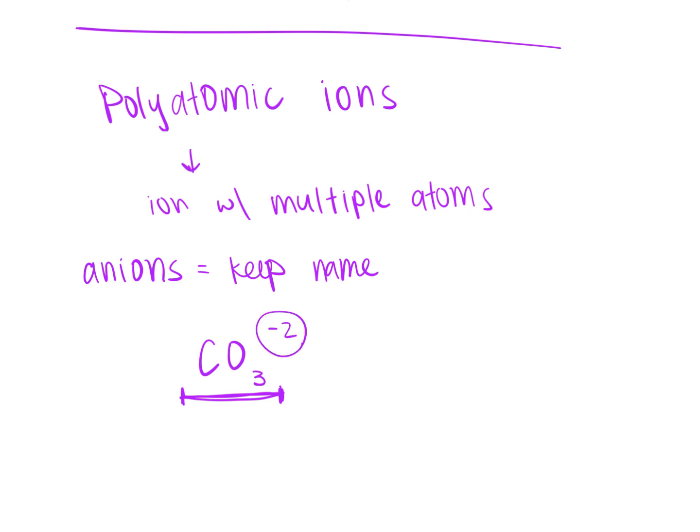So we're going to treat this just like we would sulfide that has a -2 charge. We're going to treat that polyatomic ion as its own thing, right? It has an identity of being CO3, which means if it is CO3, we never change that 3. That 3 is off limits in terms of ever being reduced down because carbonate's identity is to be CO3.